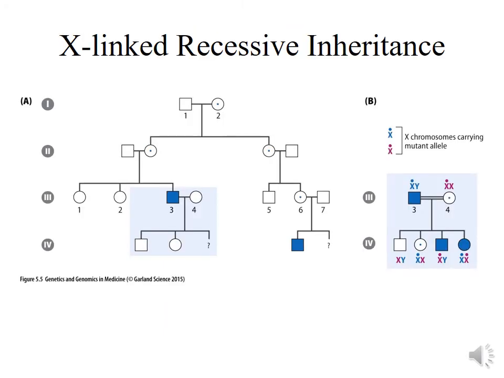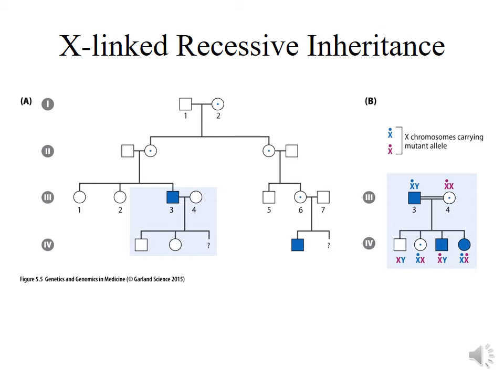This slide depicts X-linked recessive inheritance. Affected males, as shown in A, in generations 3 and 4 have inherited via female carriers a common mutant allele from 1-2.